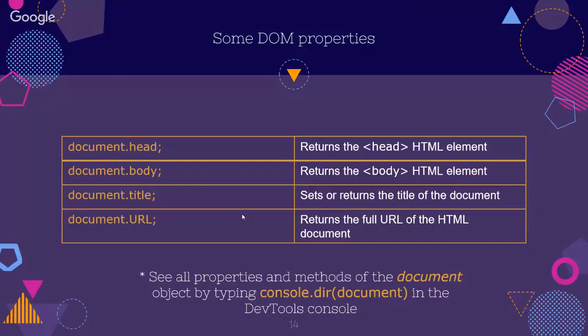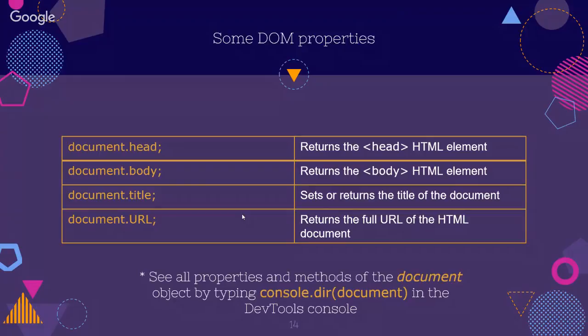The URL property returns the full URL of the HTML document we are viewing. Again, not much we can do with this as well. One thing we can do is to dynamically navigate to other web pages, although this approach is not really advised to be used.